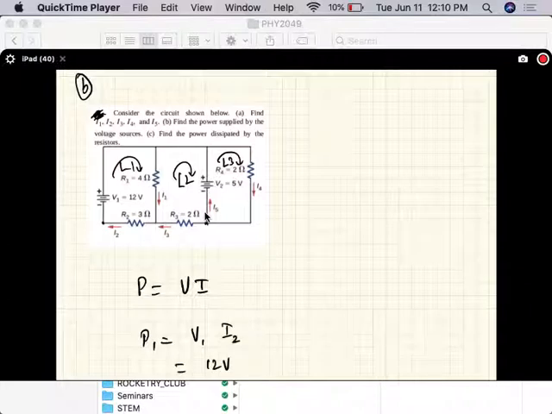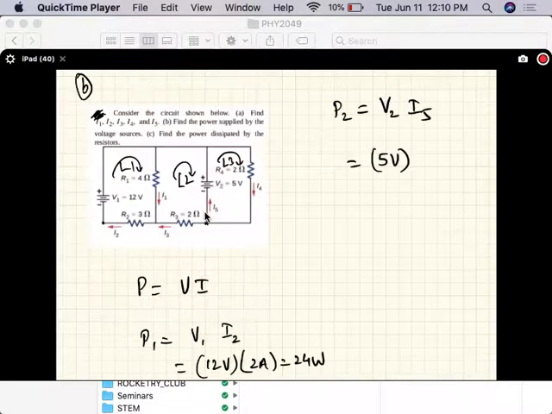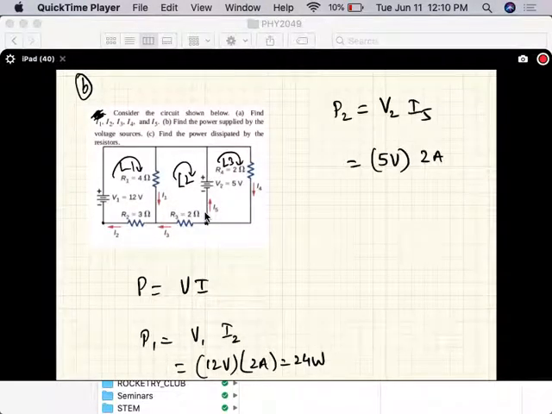So 12 volts times what was I2? 2 amps. 24 watts. Similarly, P2 is V2 I5, and that's 5 volts times 2 amps, 10 watts.